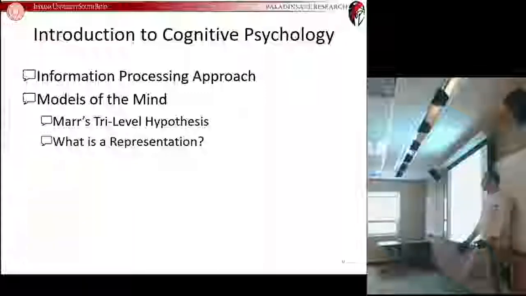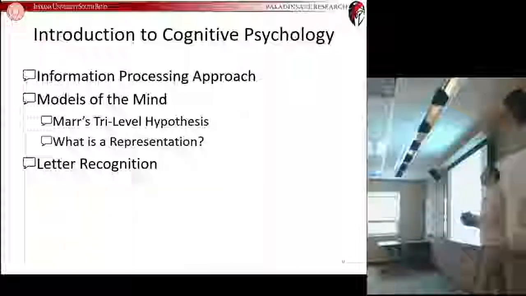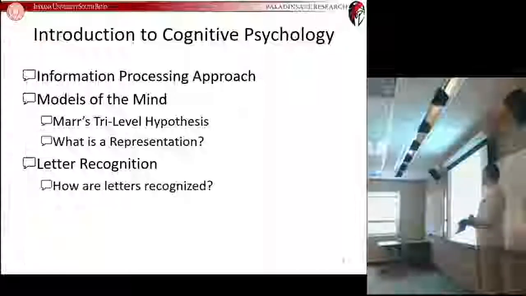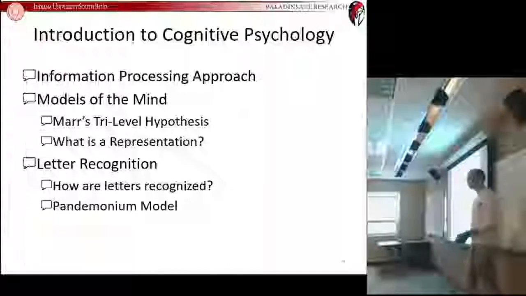And then we'll talk about the idea of what a representation actually is. We'll get clear on that so there's no confusion going ahead. And then finally, we'll illustrate all these principles with an example of letter recognition, where we take a look at how letters are recognized using both the template model and the Pandemonium model.